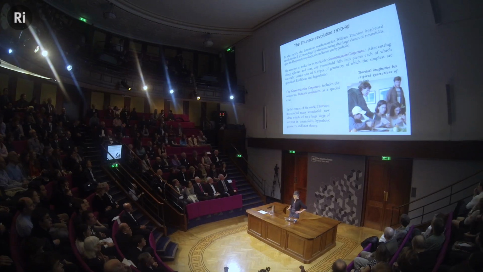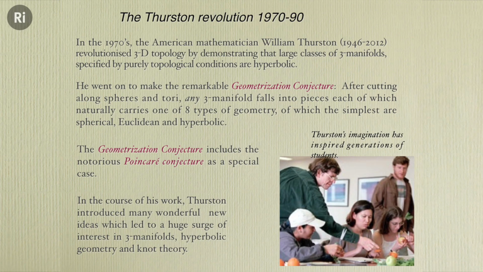To me, it's not only that Thurston proved these wonderful theorems, but he introduced all sorts of wonderful concepts. He was a very visual, hands-on mathematician. Sadly, he died quite young. Well, not young, but he was not old, a couple of years ago.